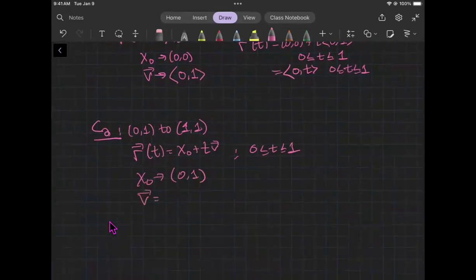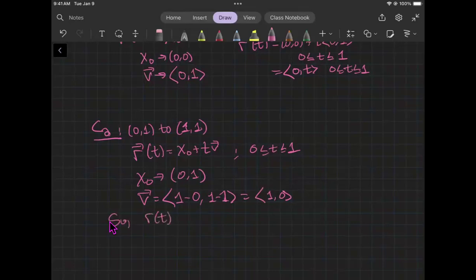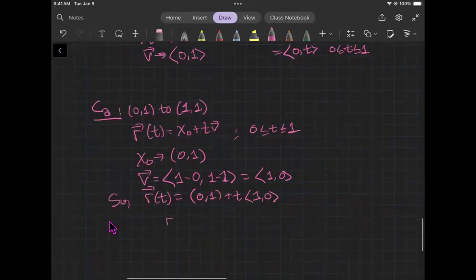The direction vector in this case is the final point minus the initial point. So 1 minus 0, and then 1 minus 1. So in this case, it's 1, 0. All right, so r of t equals the point 0, 1 plus t times the vector v, 1, 0. So r of t equals just one vector: t, 1.